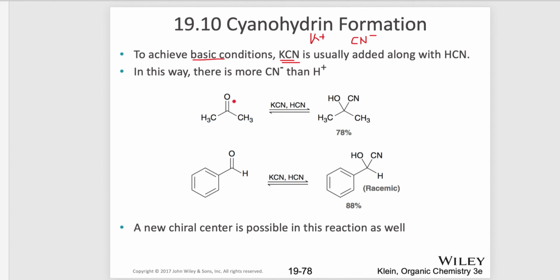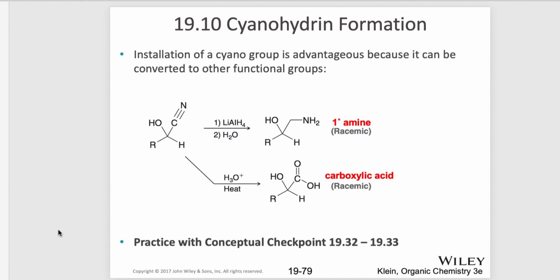And here you go. Carbonyl group, double bond turns into two single bonds, one to an OH, the other one to CN. Pattern recognition, ketone to aldehyde, same deal. Carbonyl group becomes hydroxyl group and cyano group. This is unsymmetrical, so we get image and mirror image, two enantiomers we call racemic mixture in this transformation.